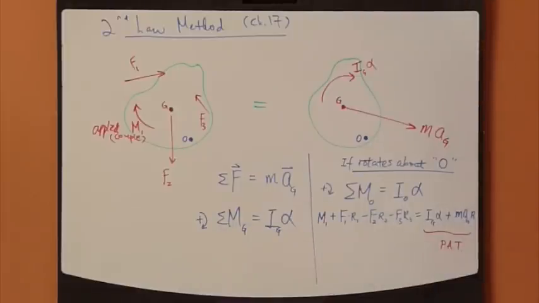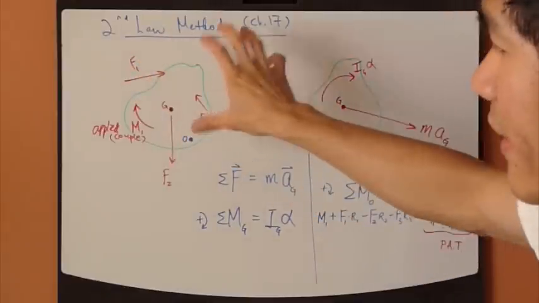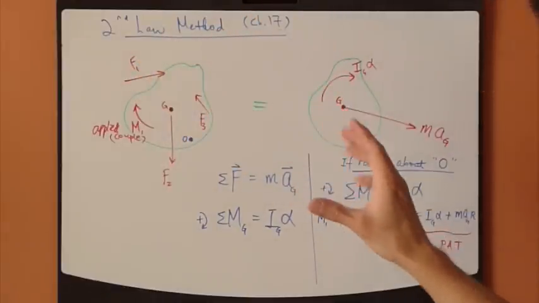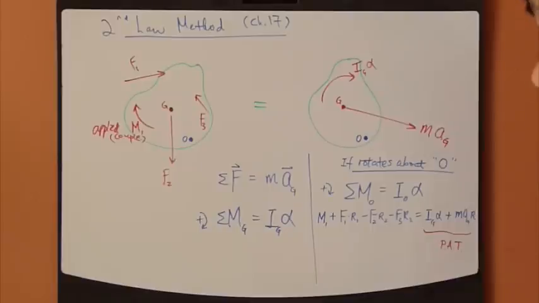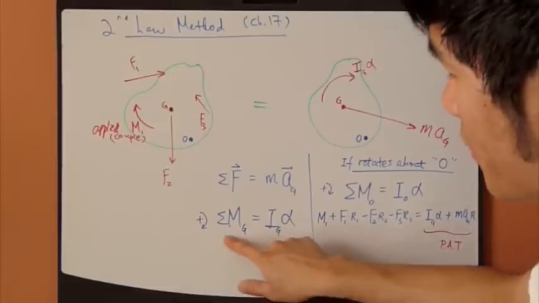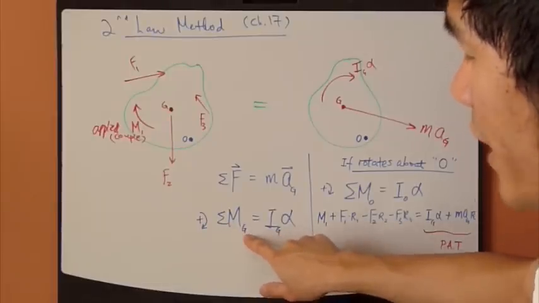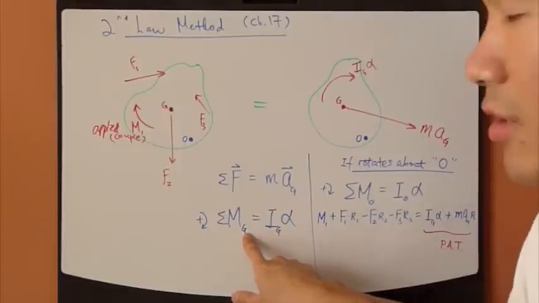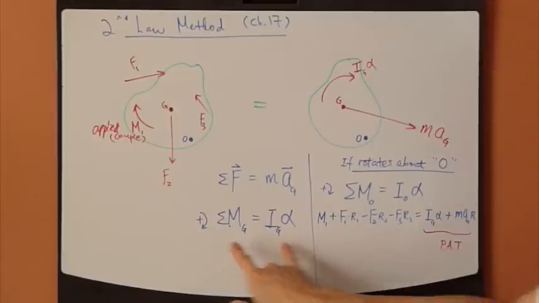Now, if this rigid body is rotating about some point other than the center of gravity, let's say point O, then what should we do? This equation right here is for the case where this rigid body is rotating about point G, the center of gravity, and then it's just straightforward, fine and dandy.